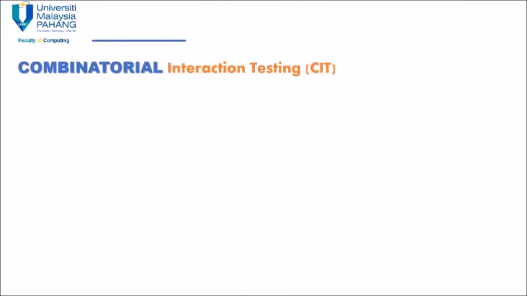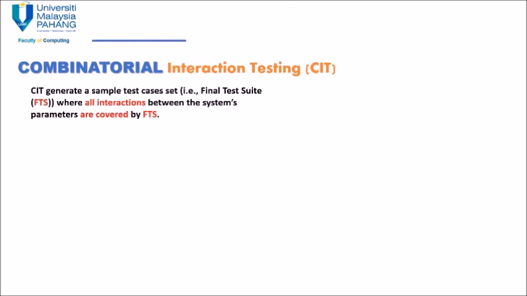Based on NIST, the National Institute of Standards and Technology, combinatorial interaction testing is very effective, where we test the system's parameters based on the interaction combination, and we can minimize the number of test cases from 9 million to 40 test cases based on the pair combination.